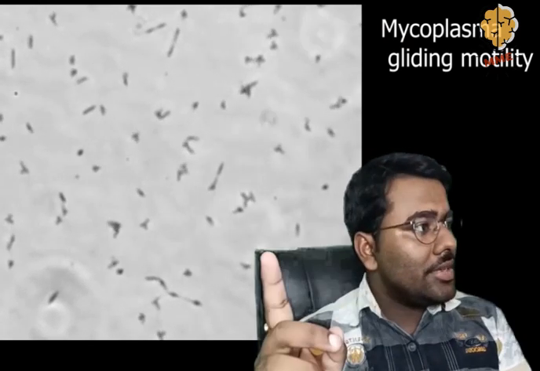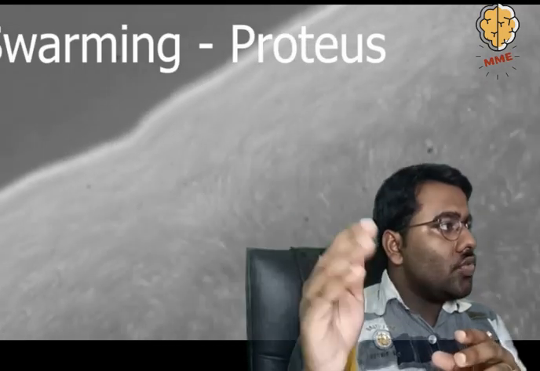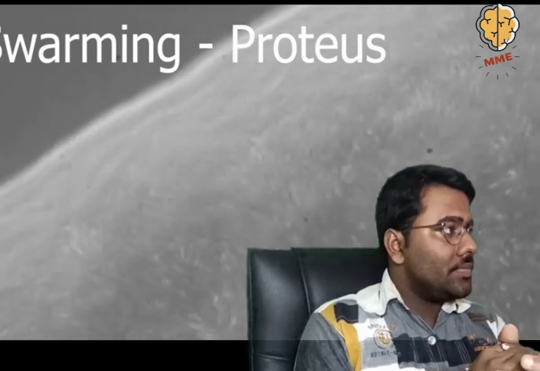Now coming to the next motility, this is the Mycoplasma motility or the gliding motility. See, this is the gliding motility, like a ghost. Now coming to the next, this is the swarming motility of Proteus.